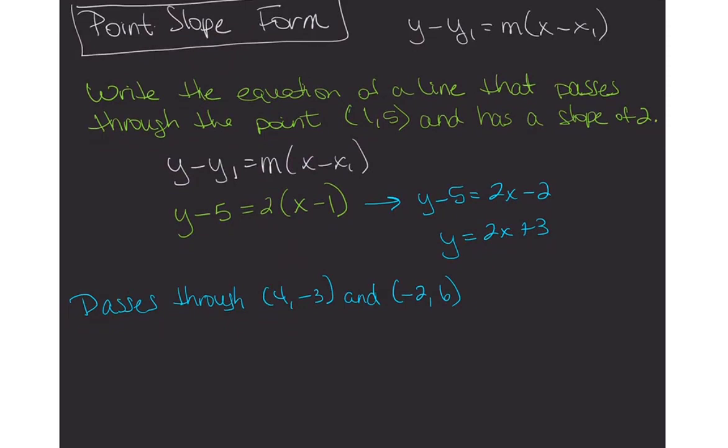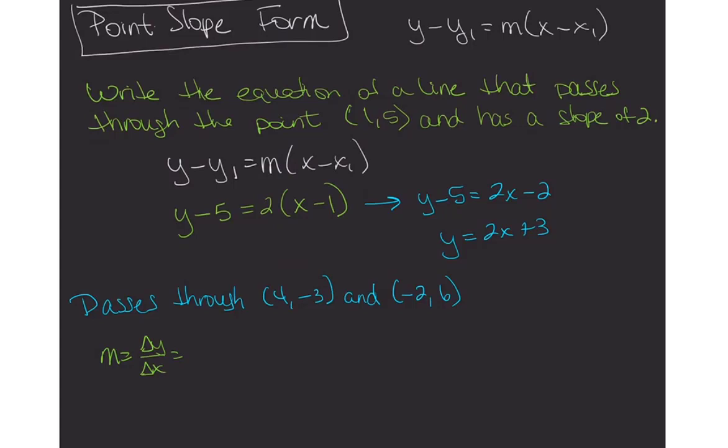So if I want to put it into point slope form, I need to know a point and I need to know the slope. Do I know some points? Yep, and I can use either one of those points, but what do I need to find? I need to find the slope. So to find my slope, change in y over the change in x.